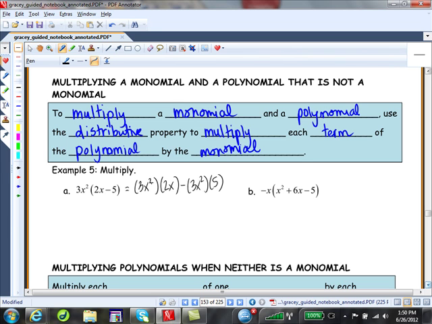It's just a little more complicated because we had more to multiply. So now this is going to be 3 times 2 times x squared times x to the 1 minus 3 times 5 times x squared. We will get 6x to the 2 plus 1 minus 15x squared, which gives us a result of 6x cubed minus 15x squared.